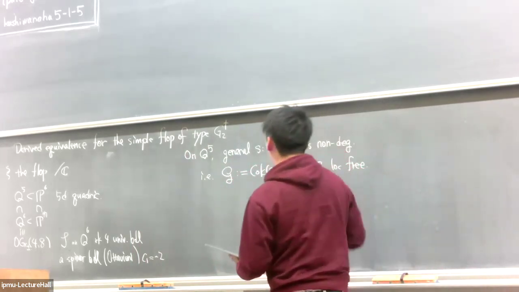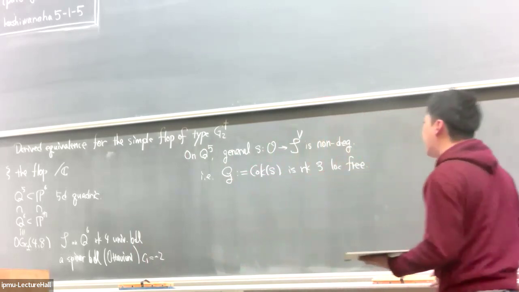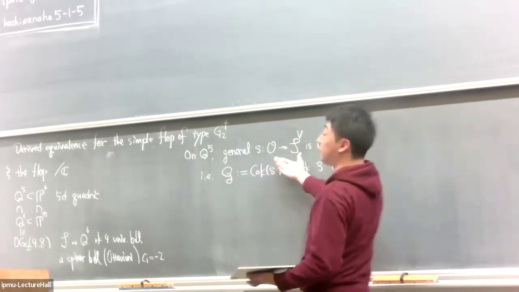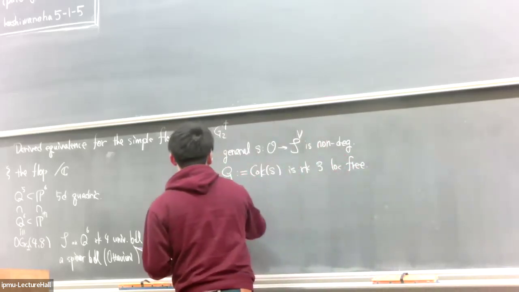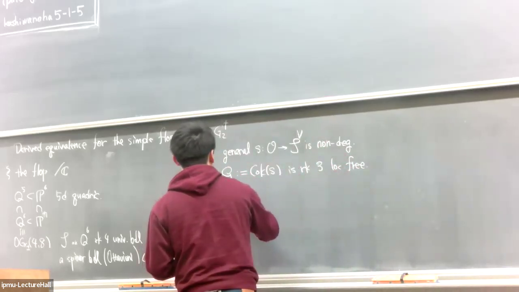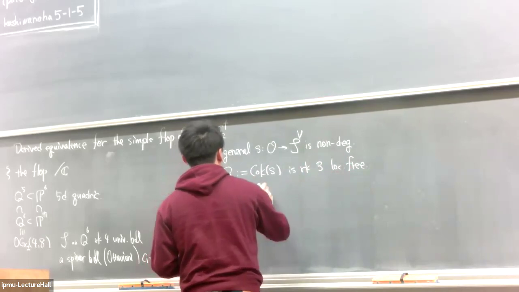And this rank 3 bundle, of course, has many isomorphism classes depending on the choice of the section here. They are called the Ottaviani bundles.